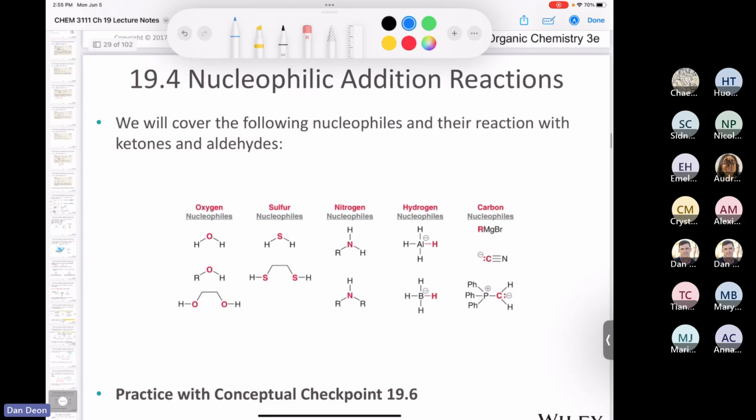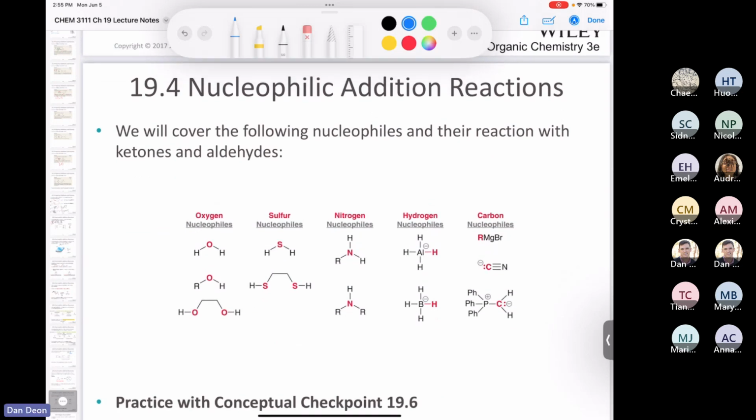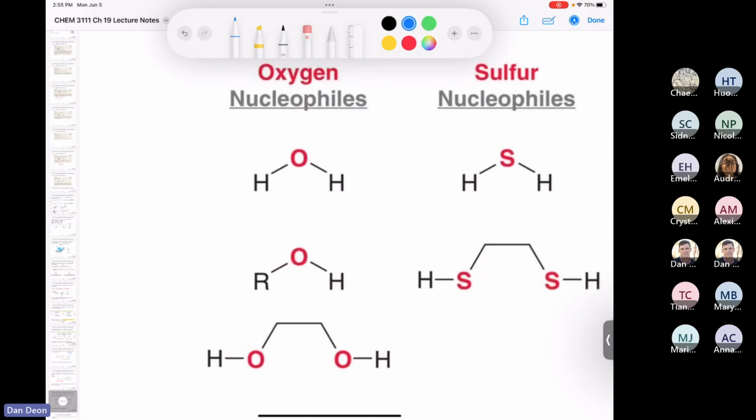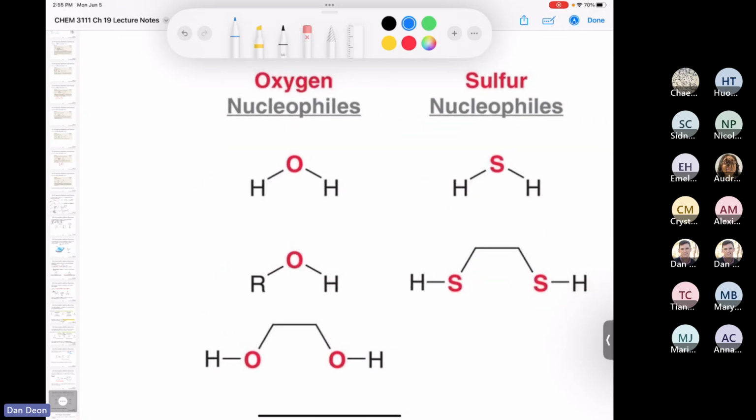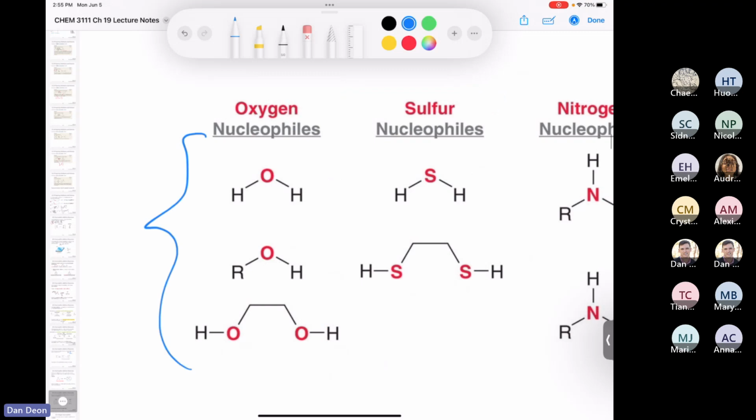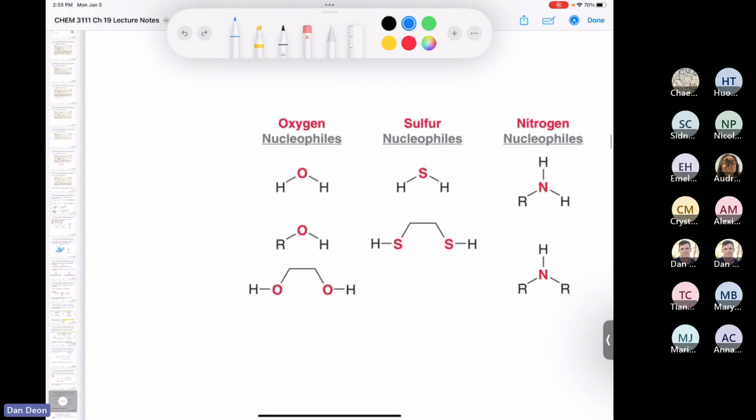But before we get into that, let's go over all the different types of nucleophiles that we're going to look at. We're going to look at oxygen nucleophiles. And you see that none of these are strong nucleophiles. And so they're going to have to react with protonated carbonyls. They're going to have to react with oxoniums because, again, they're so weak.